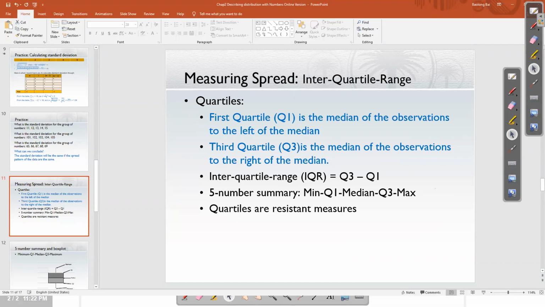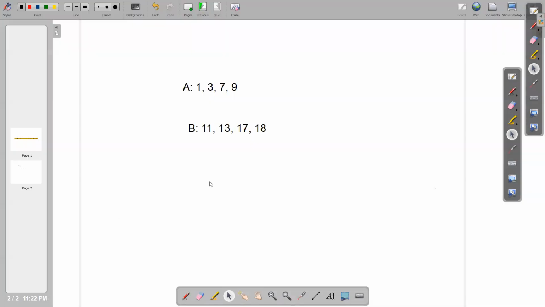So think about if you have a data set. A data set is like a long rod, right? If you sort the data from smallest to largest, a quartile is basically a point to cut data into quarters. If you want to cut the data into quarters, how many cuts do we need?